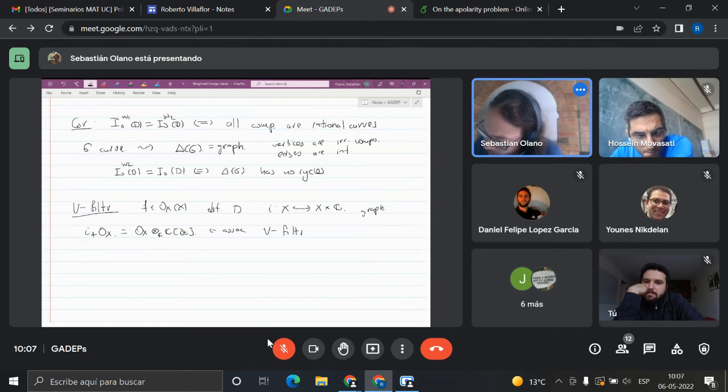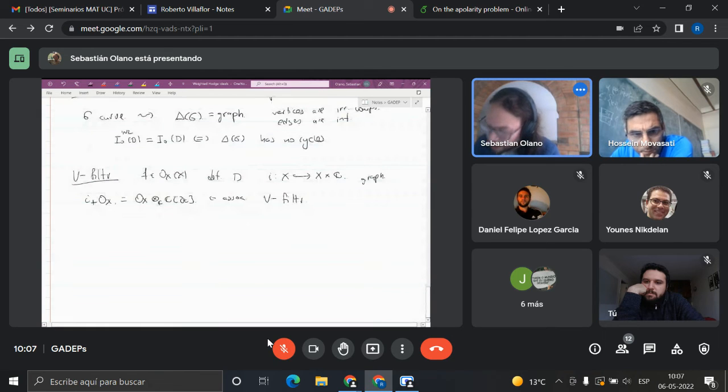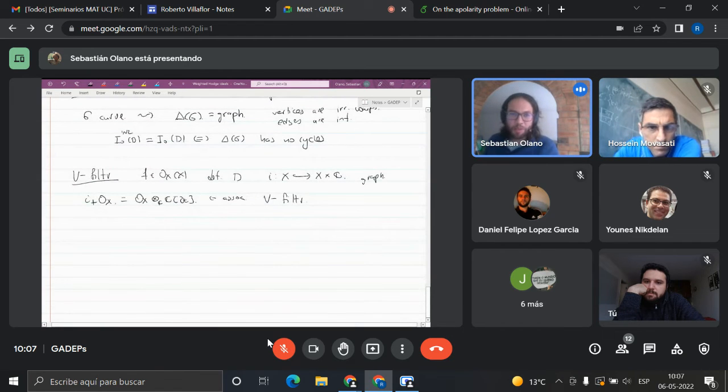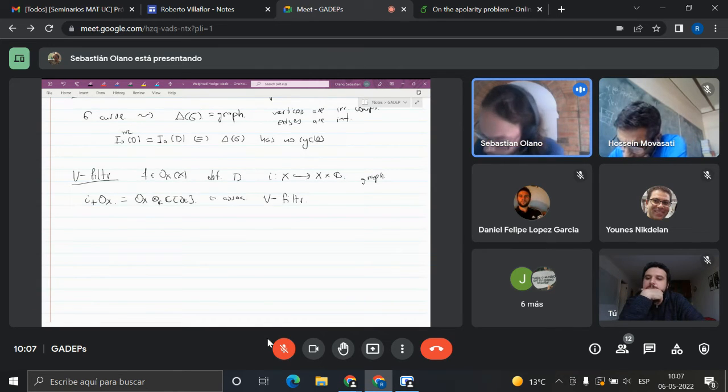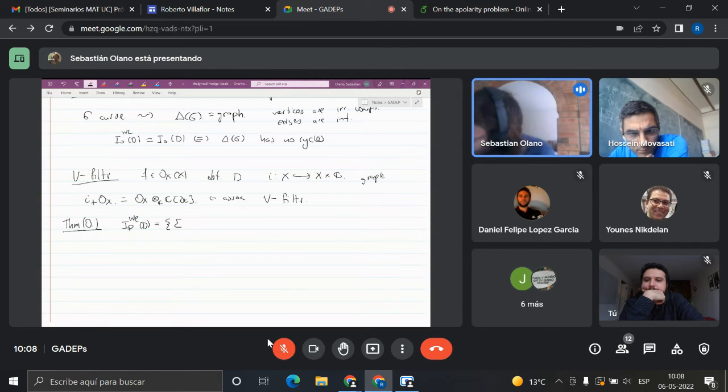So this is a parenthesis, a bit more for experts, but this is what you would require to give a concrete, complete answer. But let me just write it for the sake of completeness. What this says is that if you have this description for the V filtration, then you can actually say what the elements are using this formula.